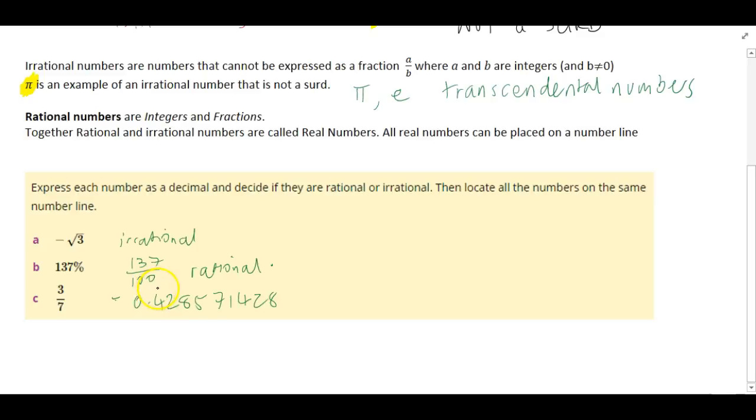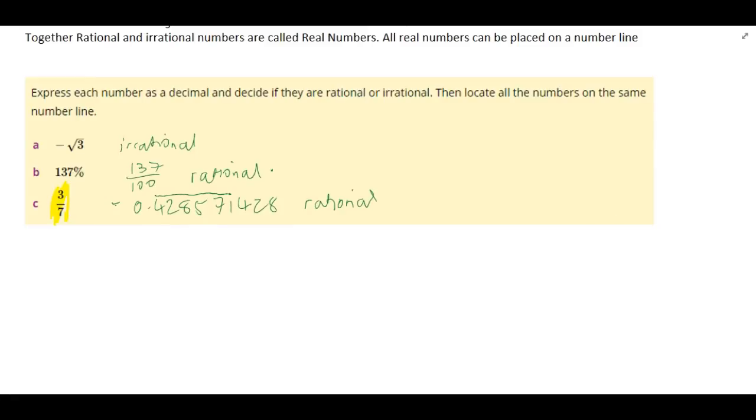So you'd actually write it with a line above there, if you remember how to draw these. That is a rational number, and you can almost pick it right from the start, because that is a fraction of two whole integers. So by definition that is a rational number.